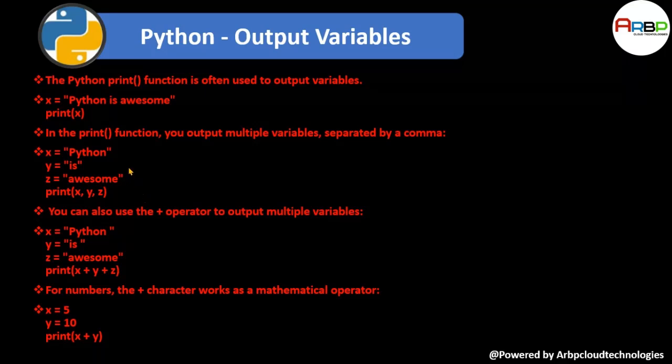For numbers, the plus character works as a mathematical operator. For strings, the plus operator works by combining them, and for integers, the plus operator works as a mathematical operator.